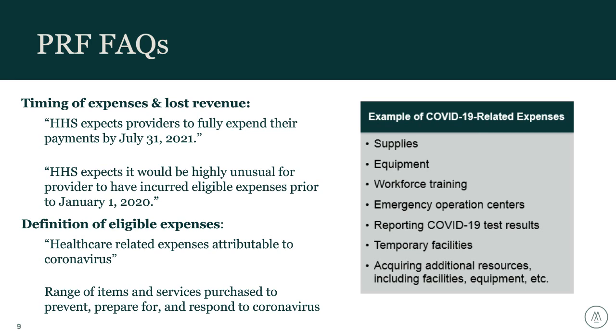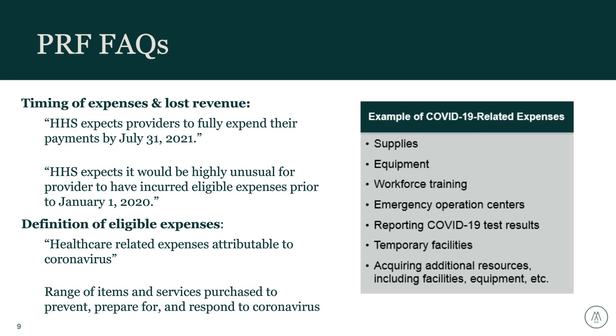So you're going to be thinking about probably expenses from March 2020 going forward, but not earlier than January 1st. The expenses need to be attributable to coronavirus, but there is flexibility in terms of what you can expend the funds on. And I think about things as being in kind of two buckets.